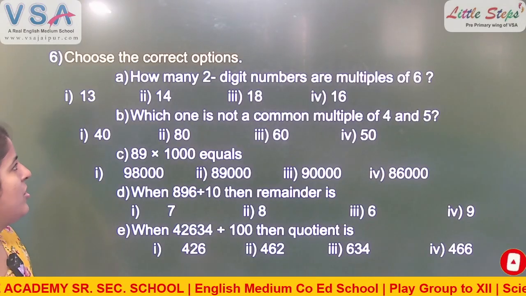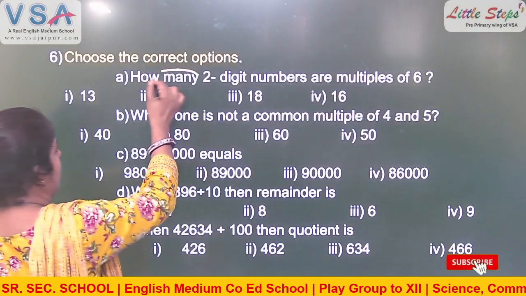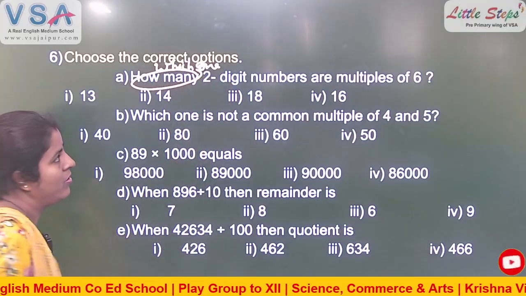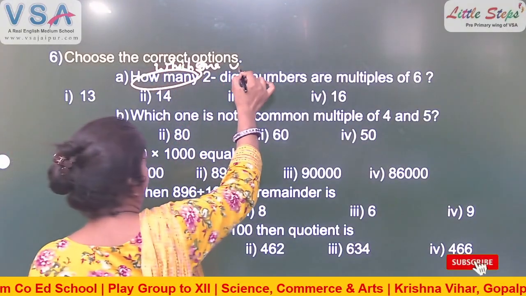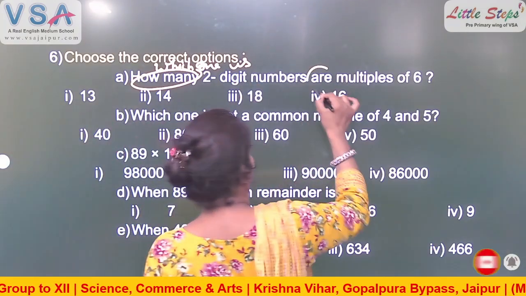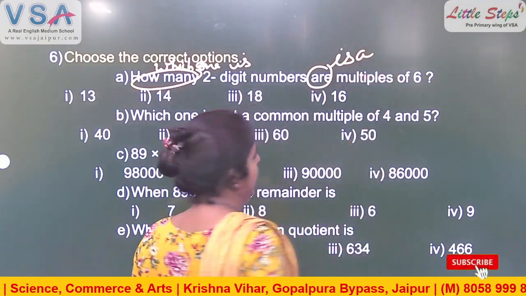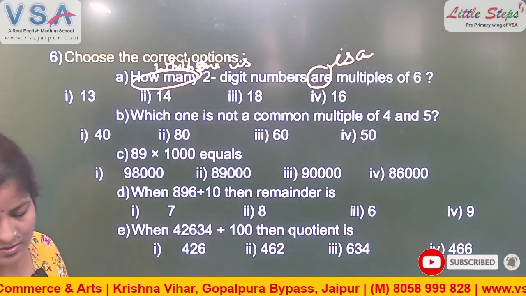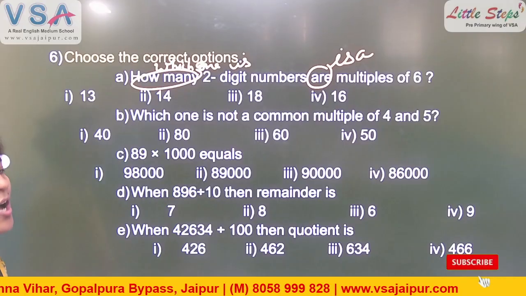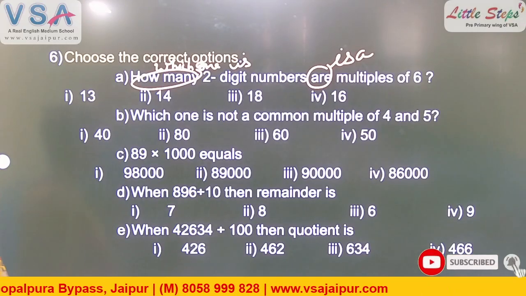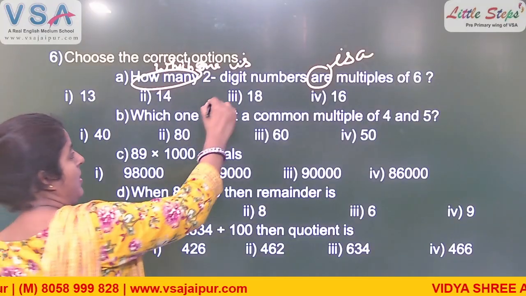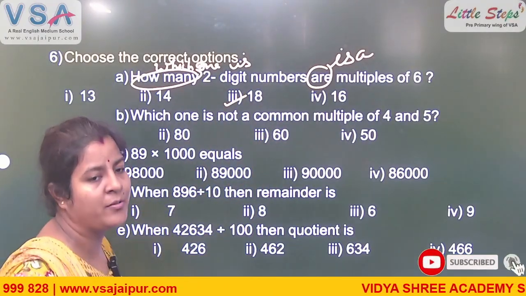Which one is a two-digit number that is a multiple of 6? Yes, Vedansh. Which one? 18. The third option.